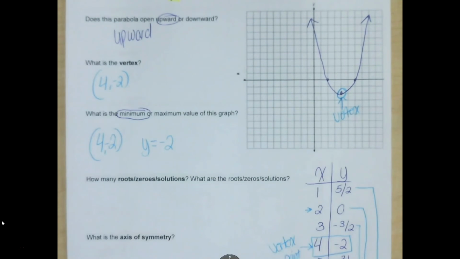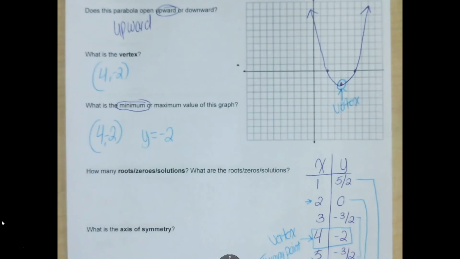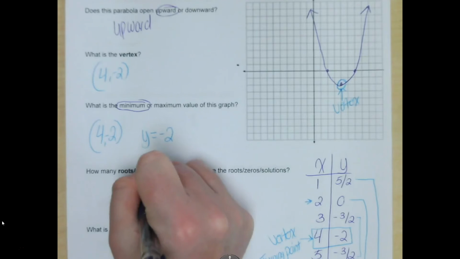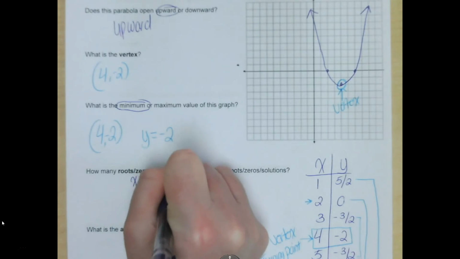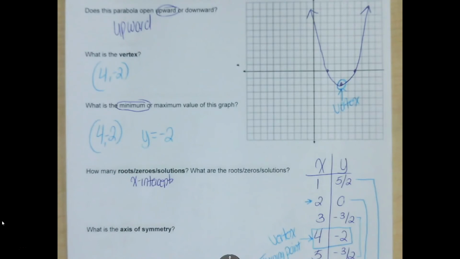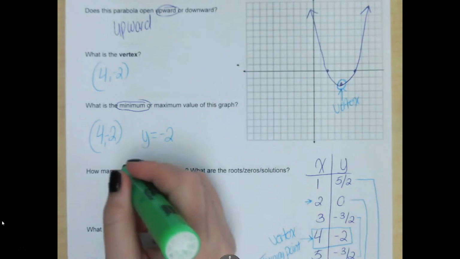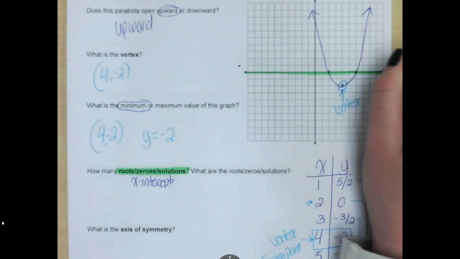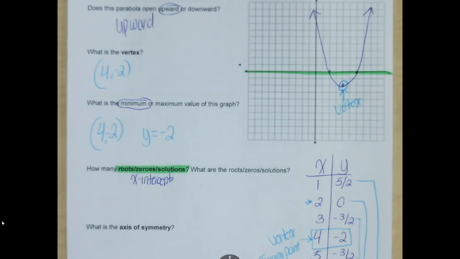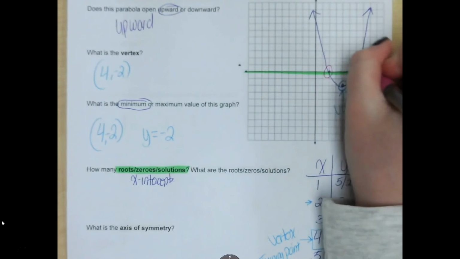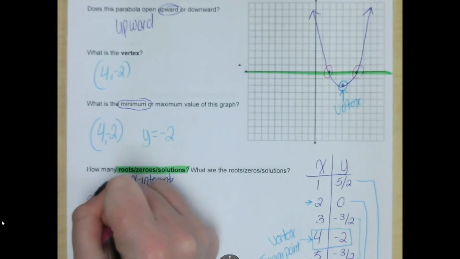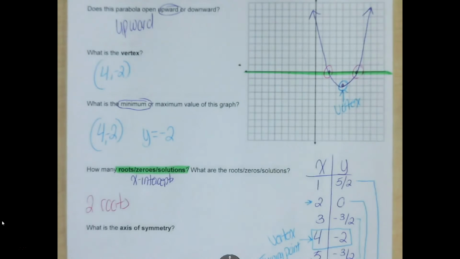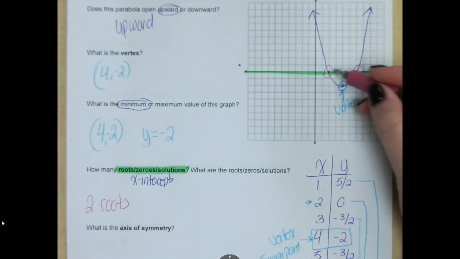Next, it says, what are the roots, the zeros, or the solutions? Well, another way of writing that would have been, what are the x-intercepts? We talked about this. I'm going to highlight out my x-axis to find my x-intercepts. I can see that my parabola, my graph here, is hitting it 1, 2 times. So I have 2 roots, or 2 zeros, or 2 solutions. And what are these going to be?